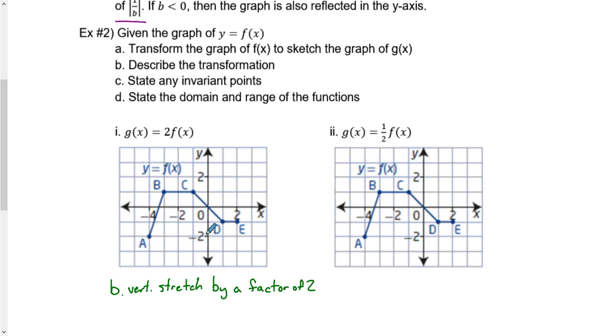So what that means is, since it's vertically stretching, anything that's from our x-axis is literally going to become twice as big. So if we look at my point A, it's 2 points away from the x-axis. To stretch vertically, it means it's actually going to be stretched down.